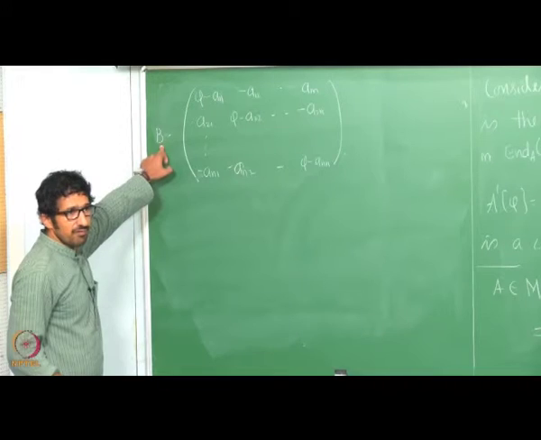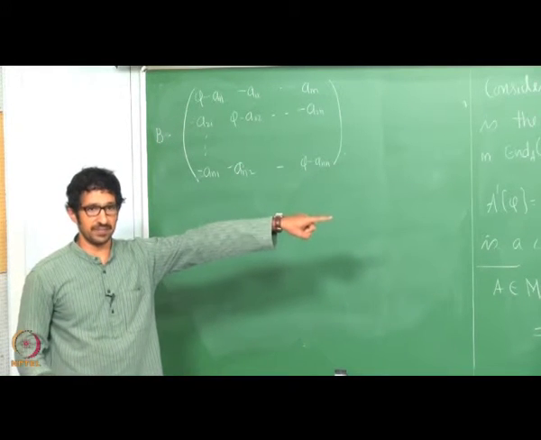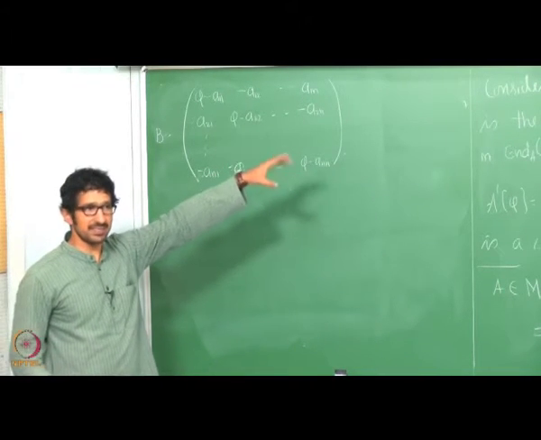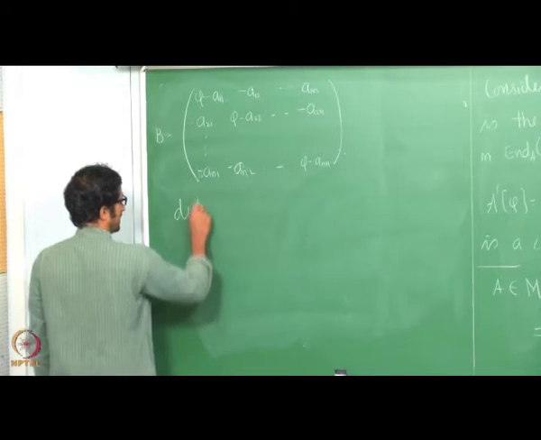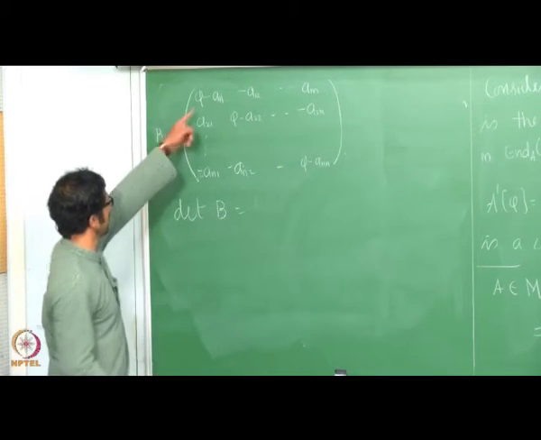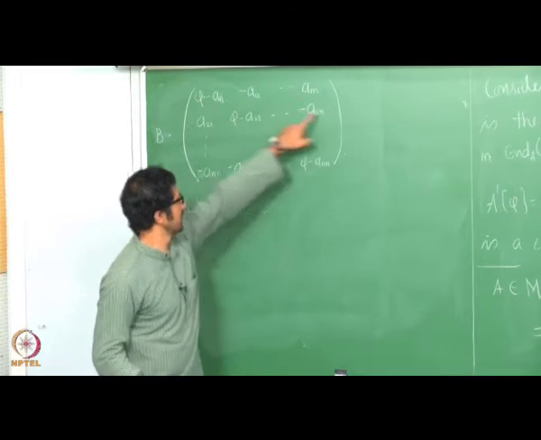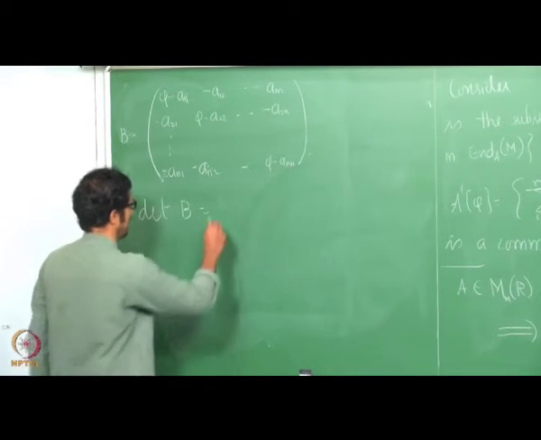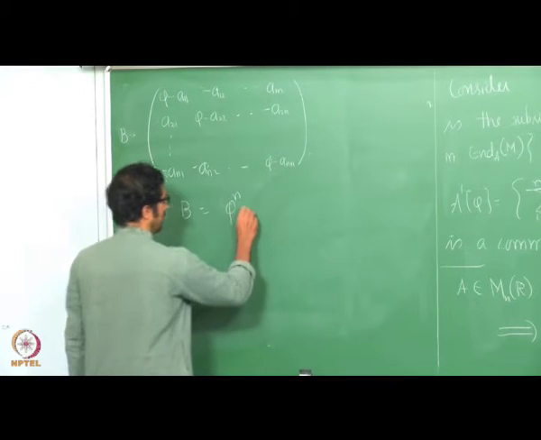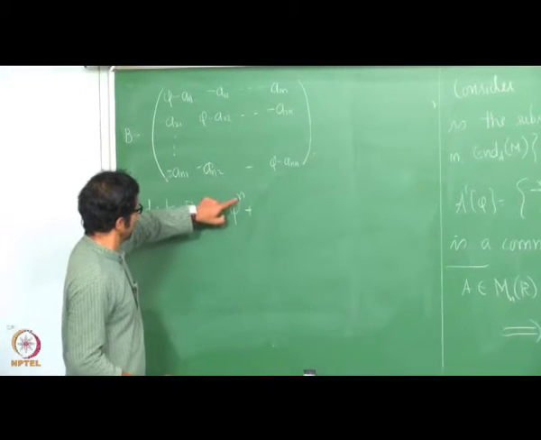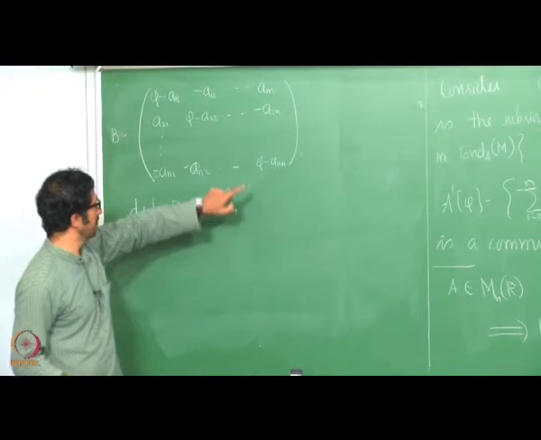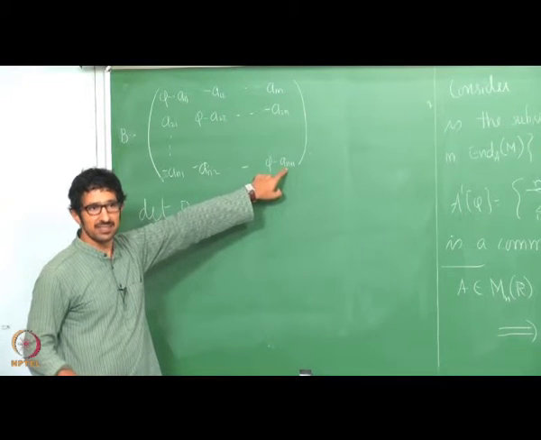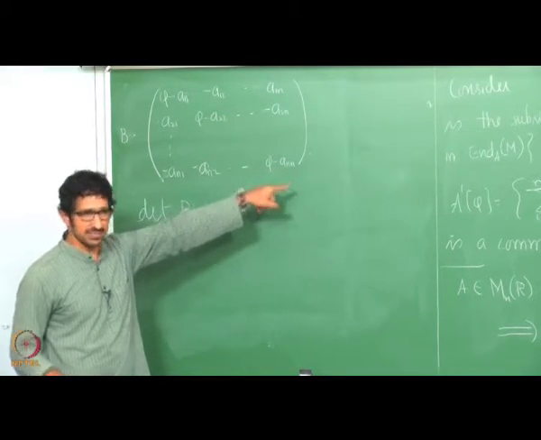The determinant of B will be again an element of A[φ], and as an endomorphism from M to M it is 0. But what is the determinant of B? It will be this times the determinant of this plus the determinant of the rest and so on. But that will be again some φ power n, plus the coefficient of φ power n minus 1, which will have some linear combination of a_ij's.